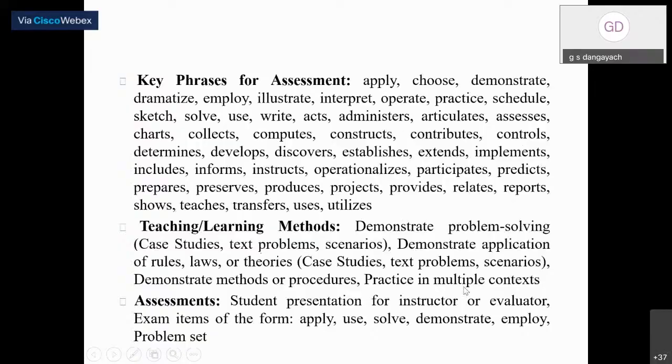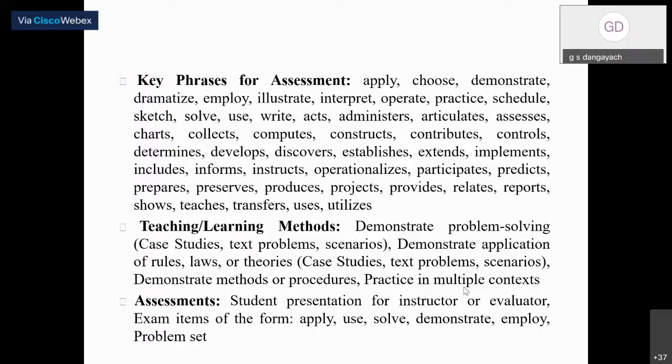Apply, choose, demonstrate, dramatize, employ, illustrate, interpret, operate, practice, schedule, sketch, solve, use, write, act, administer, articulate, assess, chart, collect, compute, construct, contribute, control, determine, develop, discover, establish, extend, implement, include, inform, instruct, operationalize, participate, predict, prepare, preserve, produce, project, provide, relate, report, show, teach, transfer, utilize.